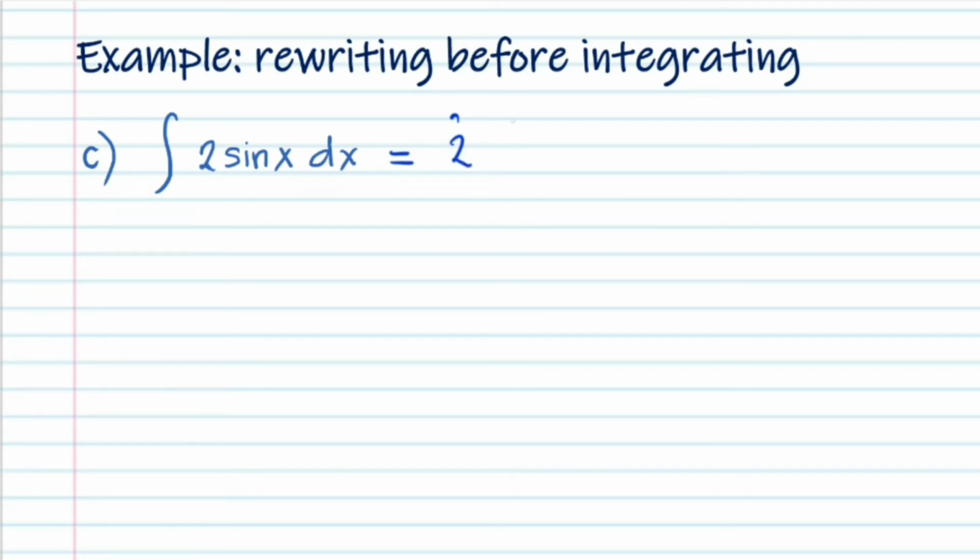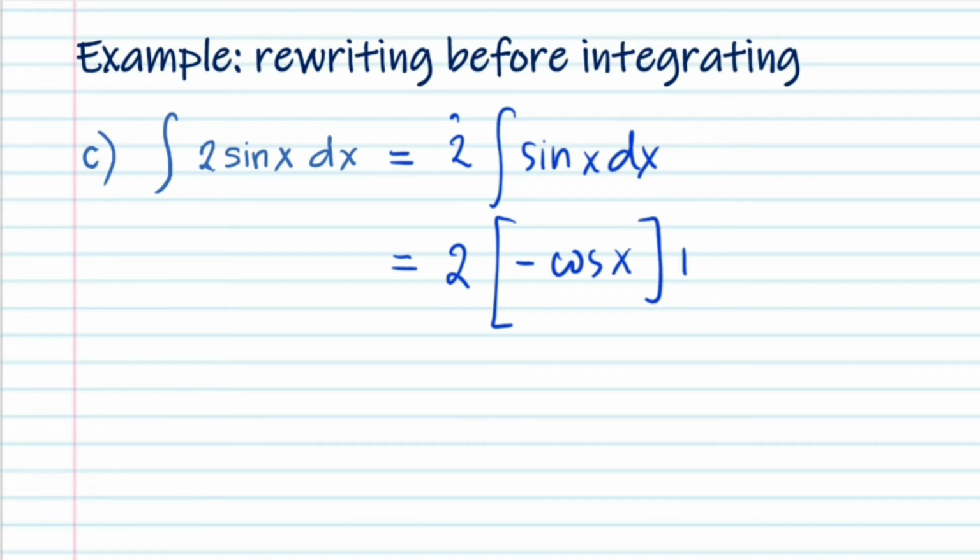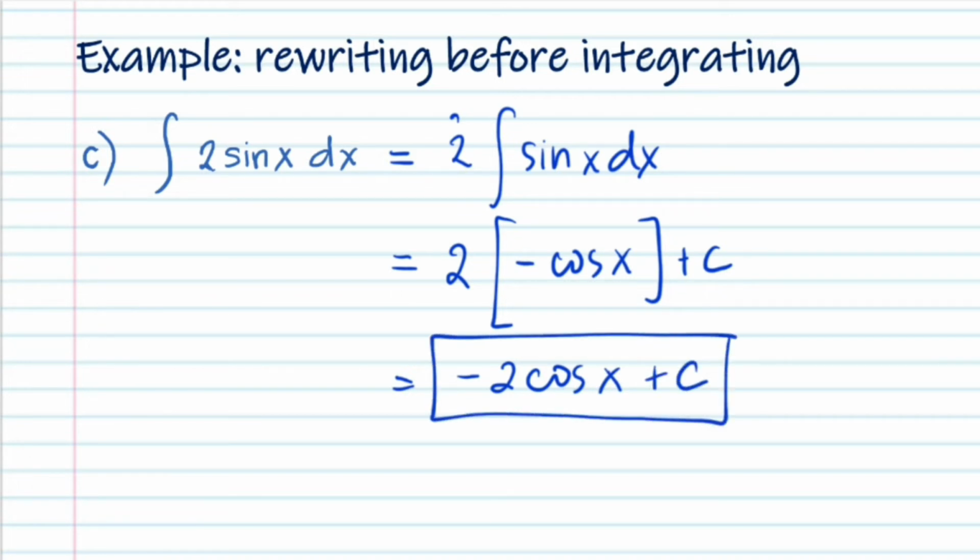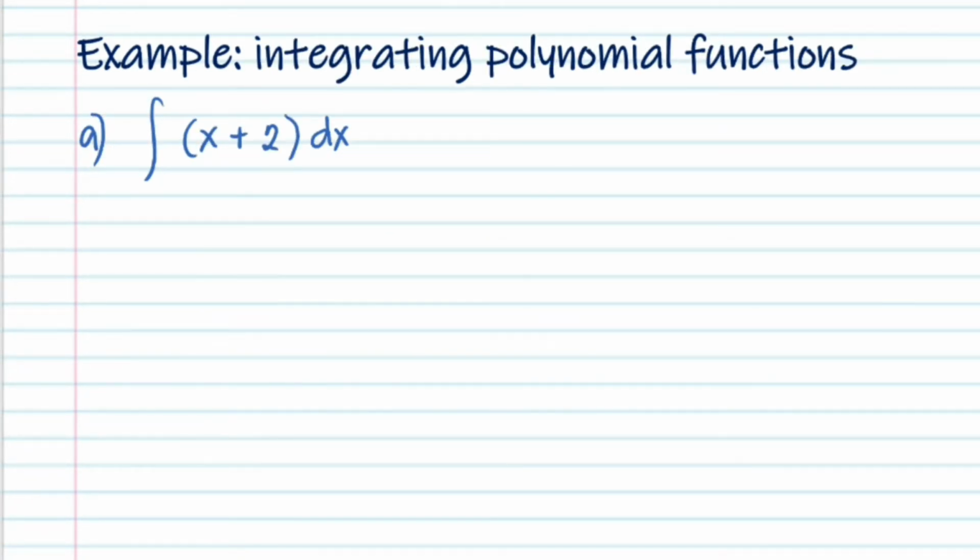So let out 2, sine x dx. Then we have 2 times the antiderivative of sine x, which is negative cos x, plus c. So multiplying, you have negative 2 cos x plus c. Next example, we have the antiderivative of x plus 2. So we get the antiderivative of x dx plus the antiderivative of 2 dx.